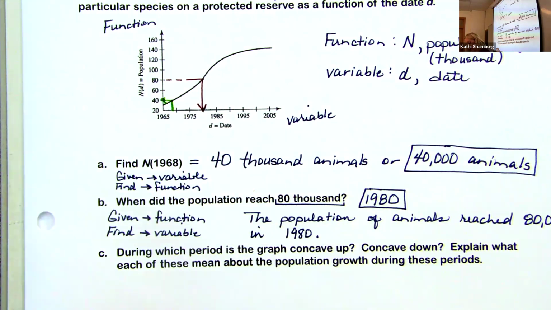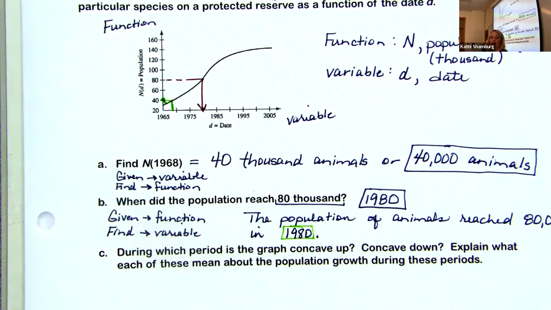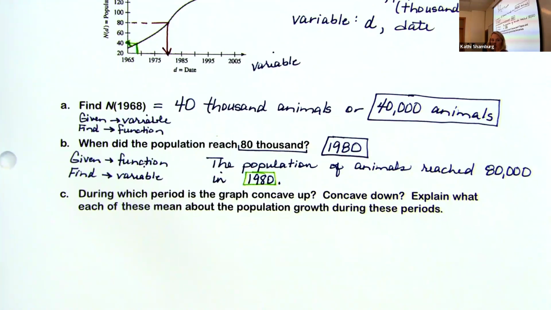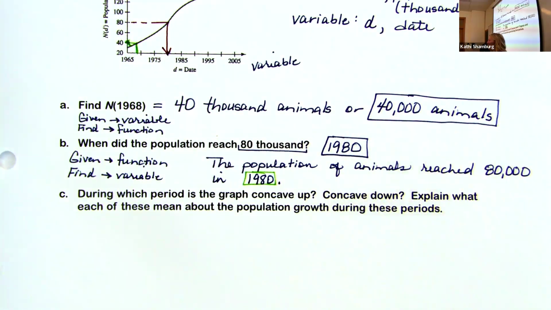And then of course, this is what you had to find. Now, if you're sitting there going, okay, when do I need to write a sentence and when is it okay not to? If it says explain, then it's always yes, give me a sentence. If it doesn't say explain, then I won't count off points if you don't put it in sentence form, but you do need to always tell me what you're talking about. Don't just throw a number at me without at least telling me what it represents.